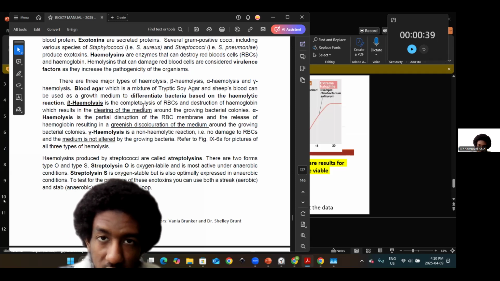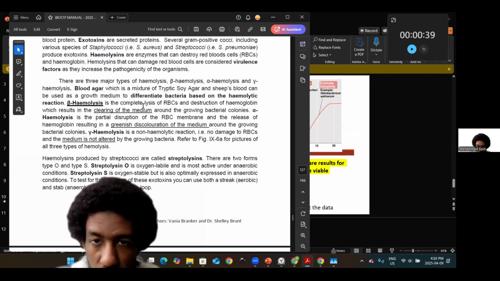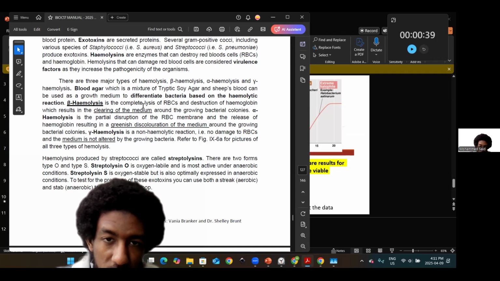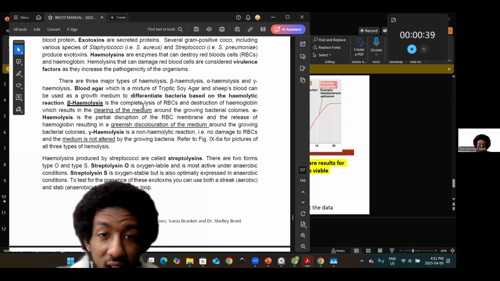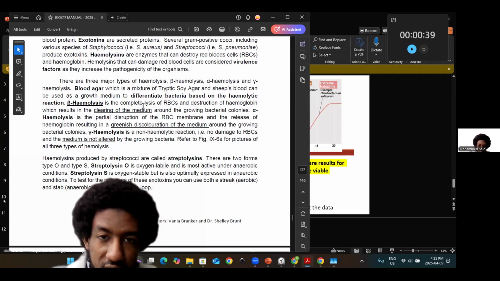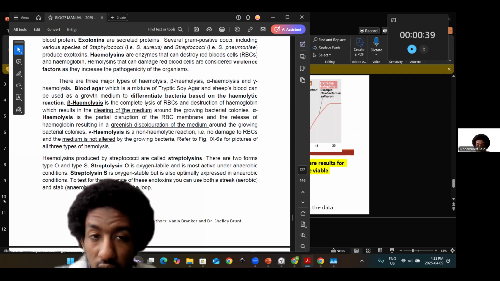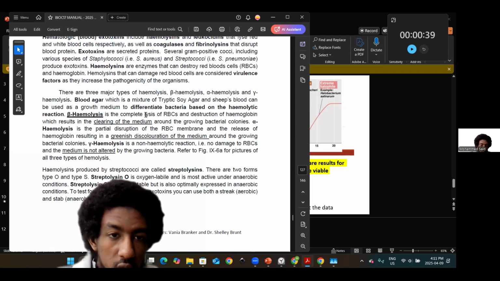When oxygen travels throughout the circulatory system, and you can think about CO2 as well, oxygen passes through and connects with hemoglobin, which serves the role of transporting oxygen and other gases within RBCs. And so the destruction of RBCs exhibits a clearing of the media and you see a greenish yellow hue.